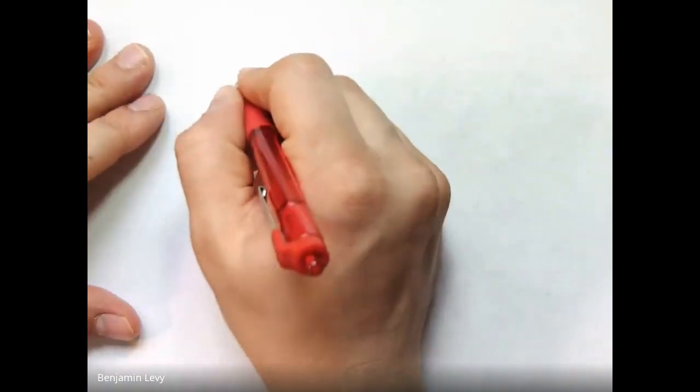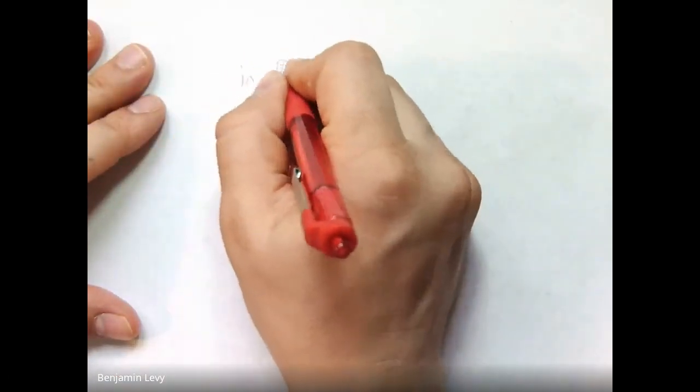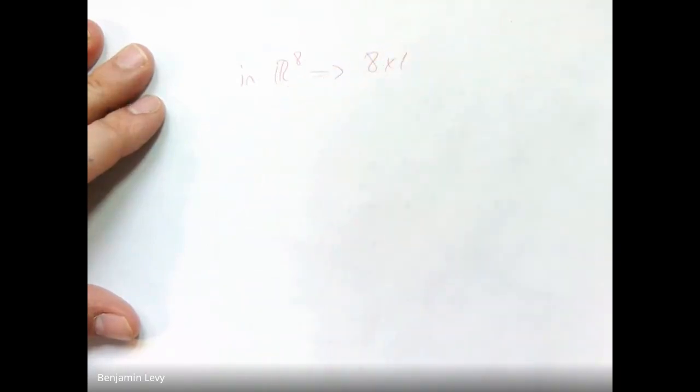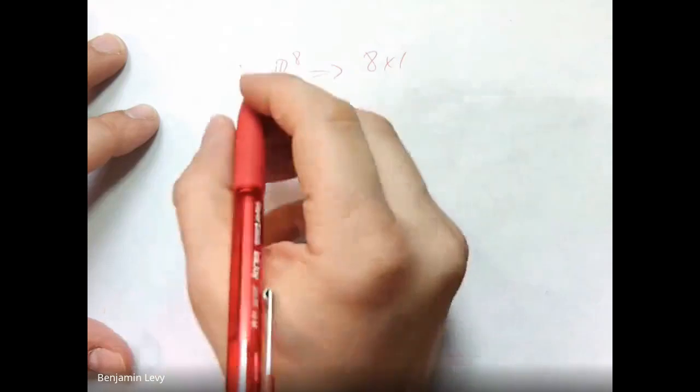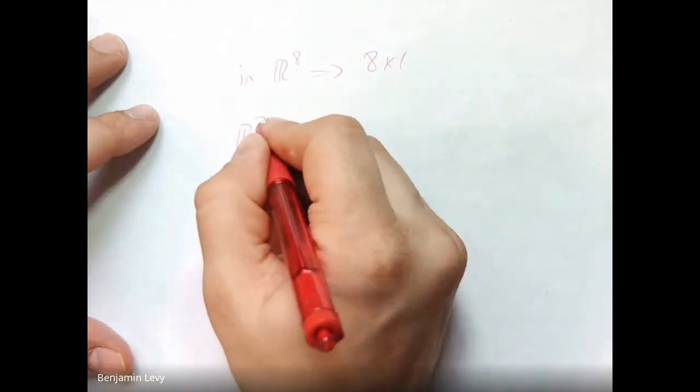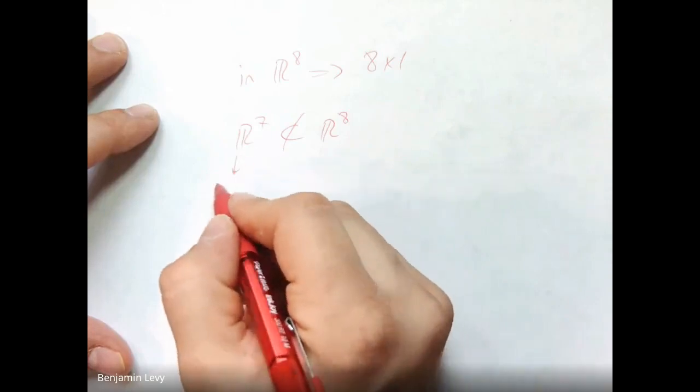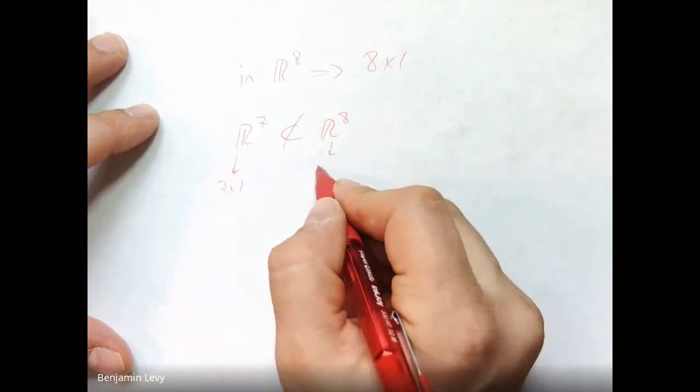Or no? But yeah, I see what you're saying now. If you want to be in R8, that means you have to have 8 by 1 size things, and so R7 is not a subspace of R8 because these have 7 by 1s and these are 8 by 1s.